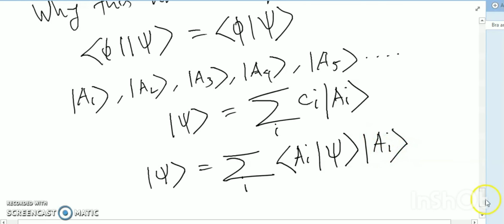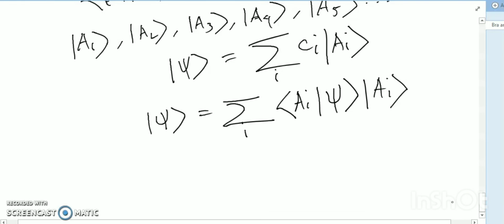Let's move the inner product to the front.